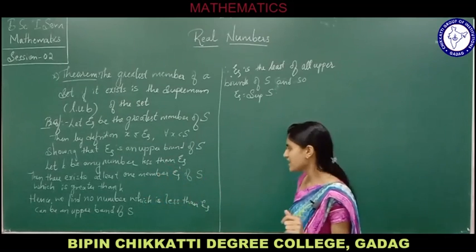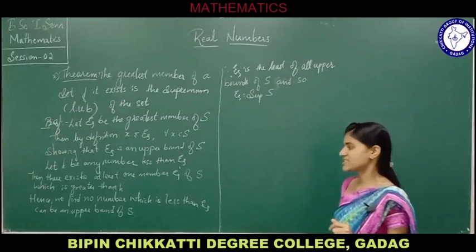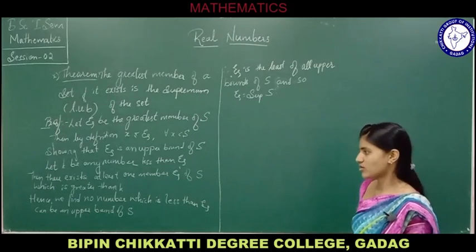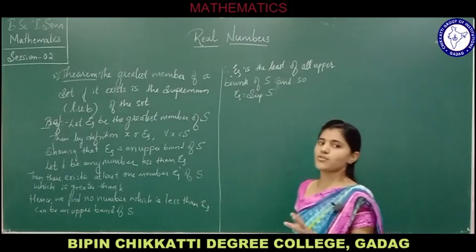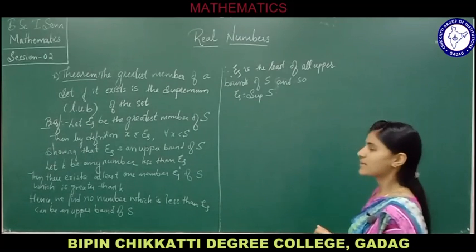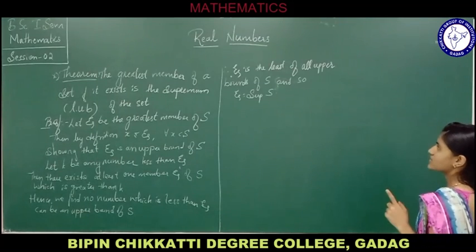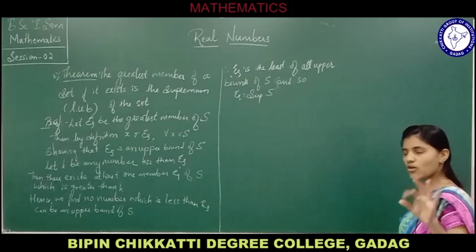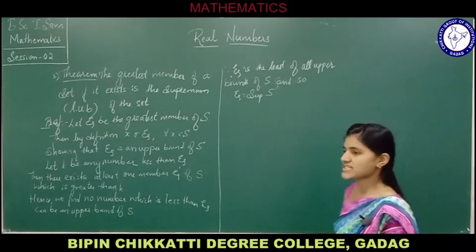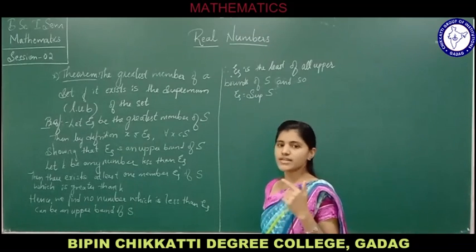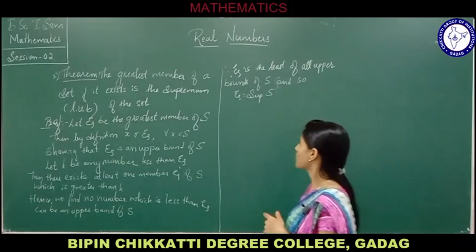We did not find any number less than epsilon which can be an upper bound of S. Therefore epsilon is the smallest of all the upper bounds of S, and that is why epsilon is going to be the supremum of S.